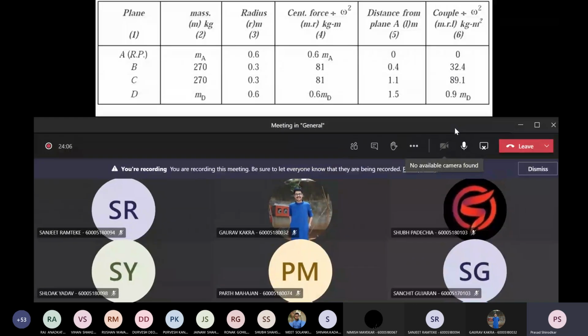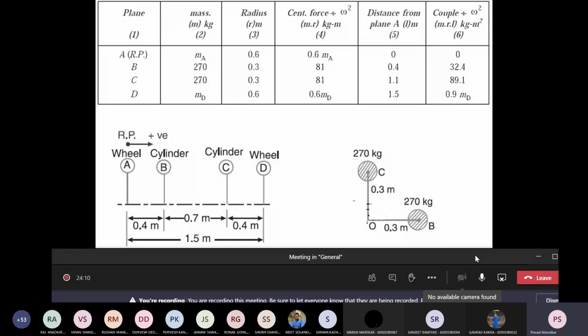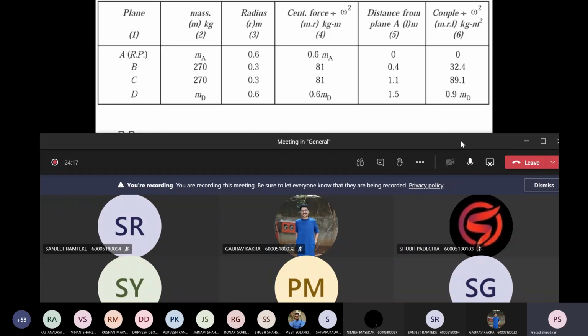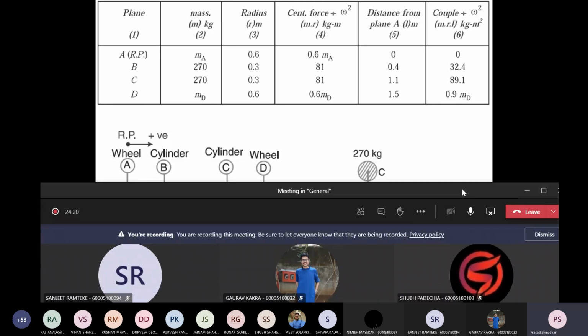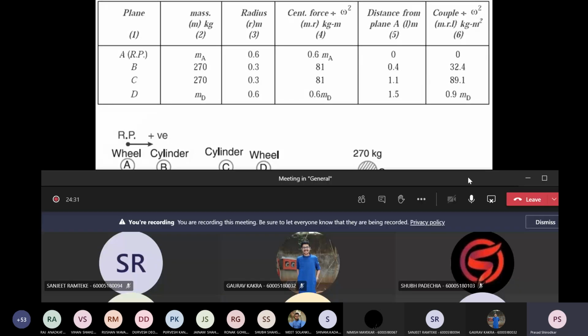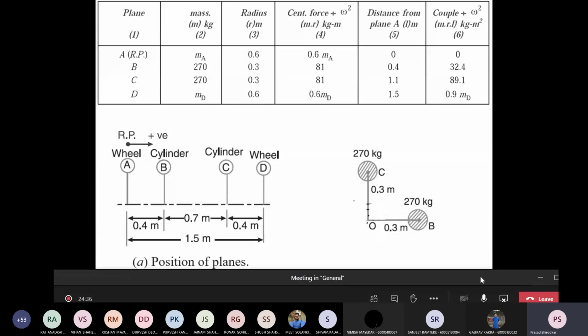Those who have finished till this point, please raise your hand in the chat box.